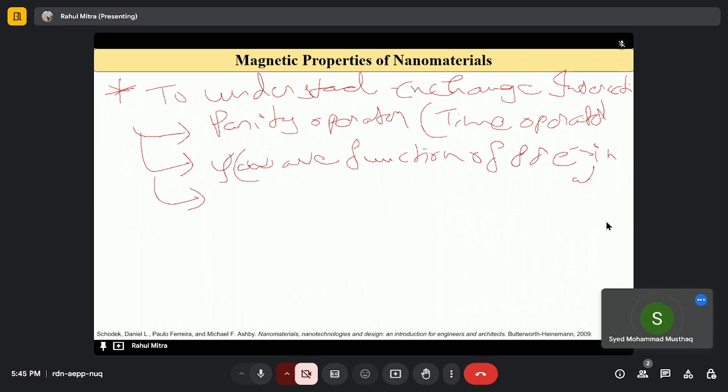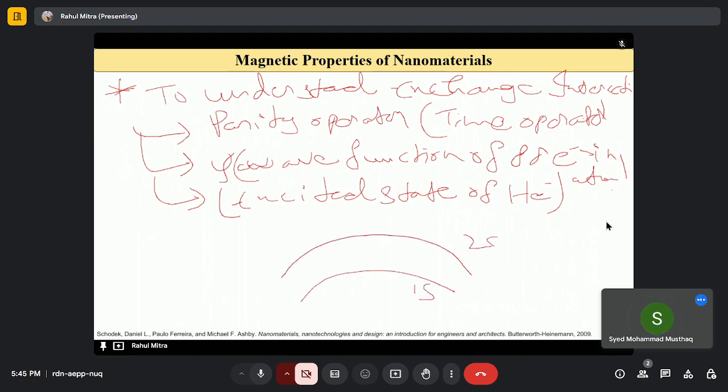Let's say if I consider only the excited state of helium, right? For example, this is my 1s, this is my 2s, 2p, right, I have 3 energy levels, right?